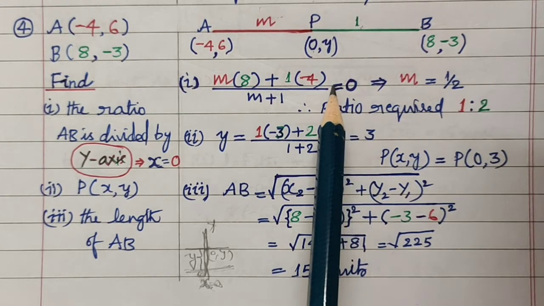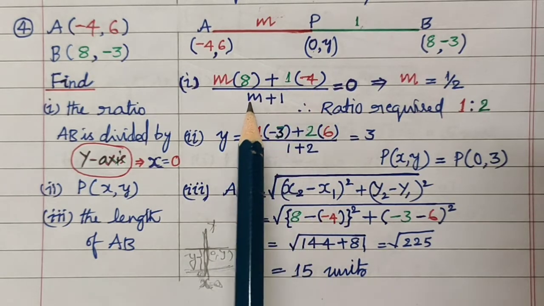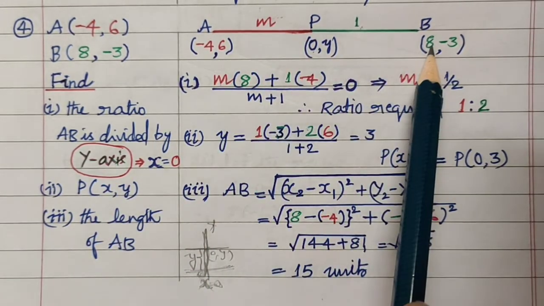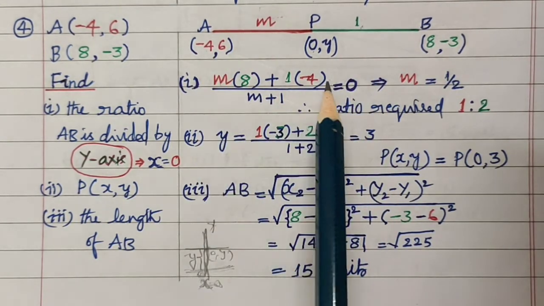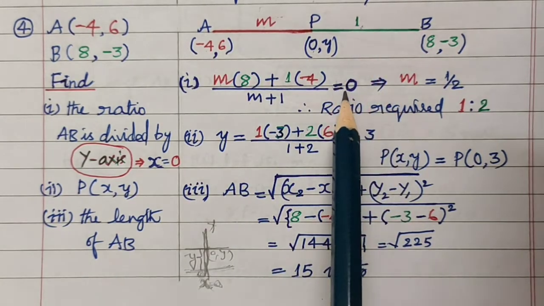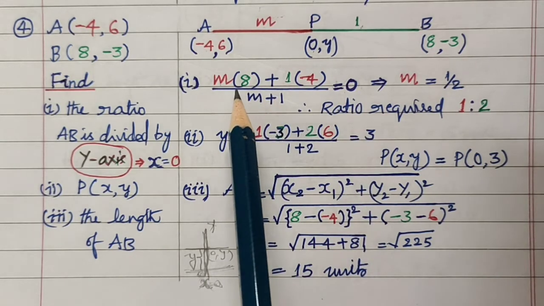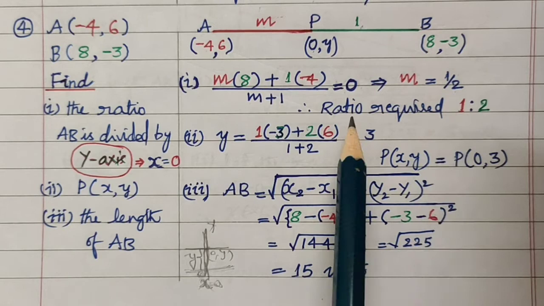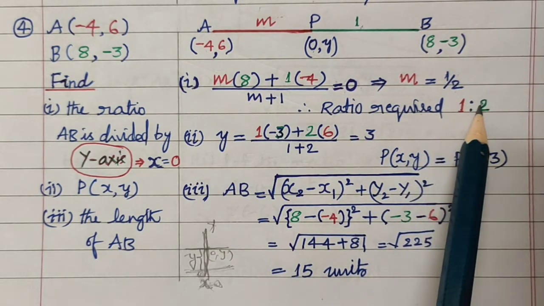Because x is equal to 0, we take m into x2 plus n into x1 divided by m plus n. m into x2 is 8 plus n into x1 is minus 4, divided by m plus n. That is equal to x, but x is equal to 0. So we can easily find out the value of m, that is equal to 1 divided by 2. Therefore the required ratio is 1 is to 2.